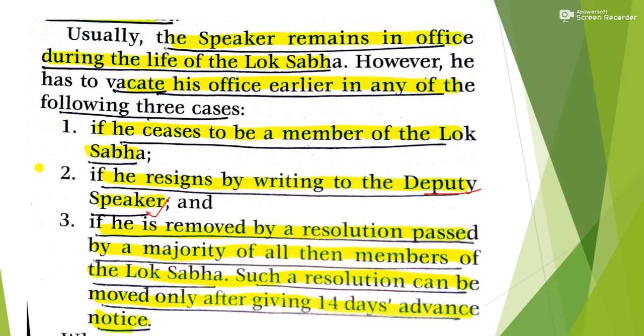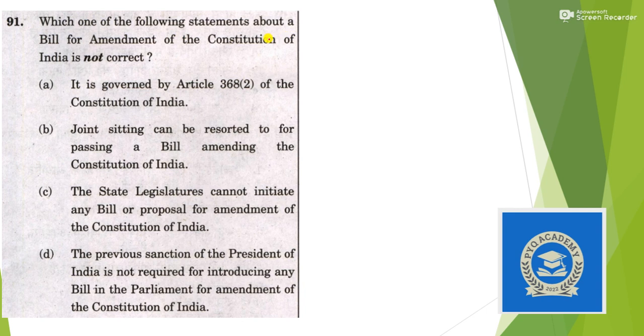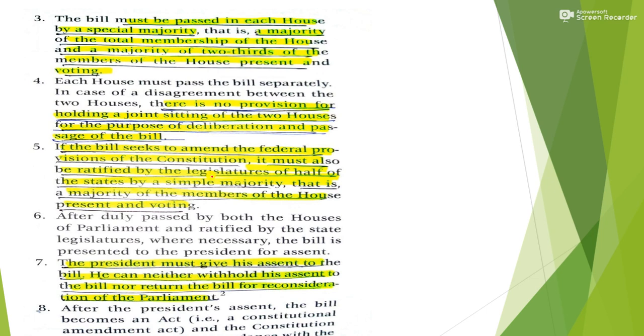Next. Which one of the following statements about a bill for amendment of the Constitution of India is not correct? So it is governed by Article 368. Joint sitting can be resorted for passing a bill amending Constitution. No. There is no provision for joint sitting. You can see here there is no provision for joint sitting of the two houses for the purpose of deliberation of passing a bill.